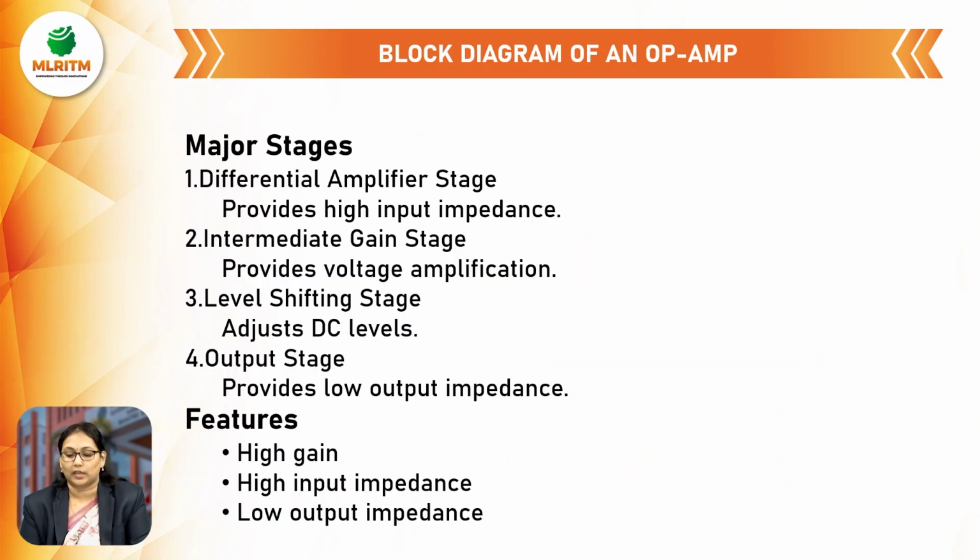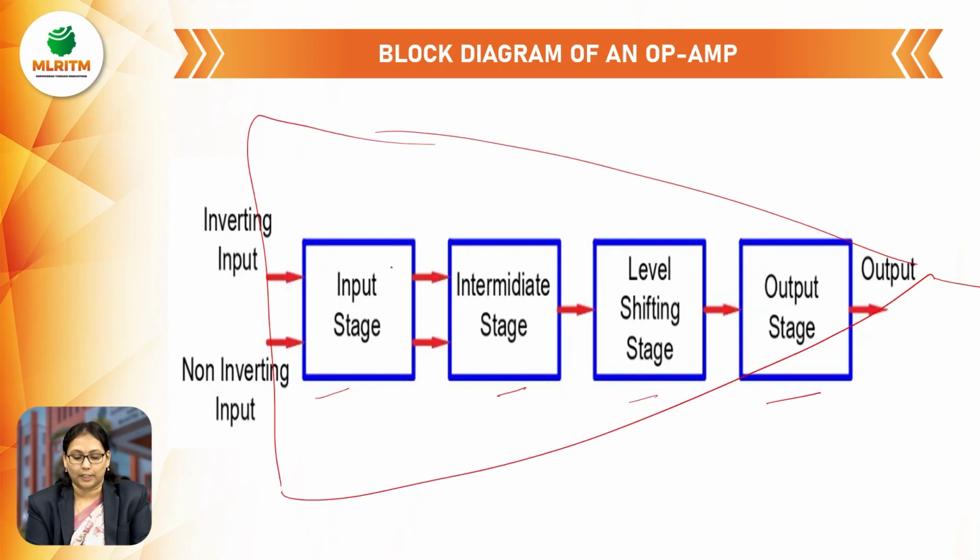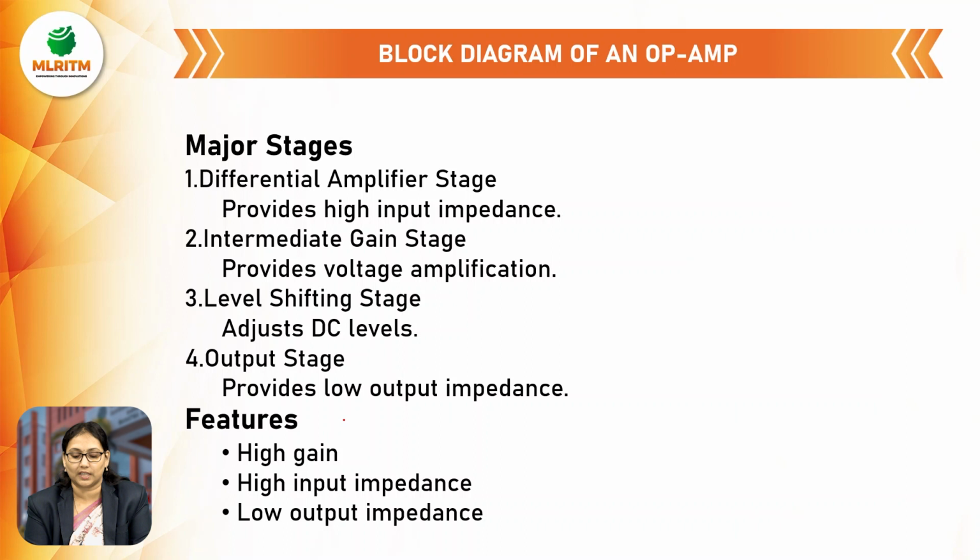Next, the block diagram of the operational amplifier. The major stages of this block diagram: the first one is the differential amplifier stage. The input stage is the differential amplifier stage, and it provides high input impedance. The second one is the intermediate stage, the intermediate gain stage, which provides voltage amplification.